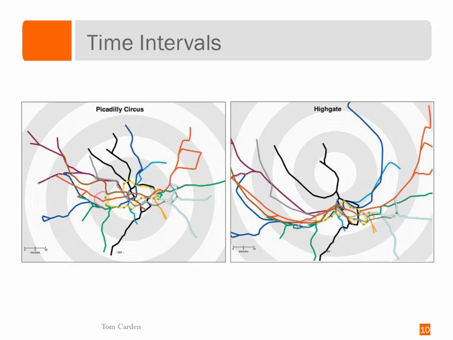So what you're looking at is basically a map of time intervals. Now, how can this be useful? Well, the way that this is useful is what we see here is an overlay of a particular subway station, called Piccadilly Circus in the London Underground or London tube stops.